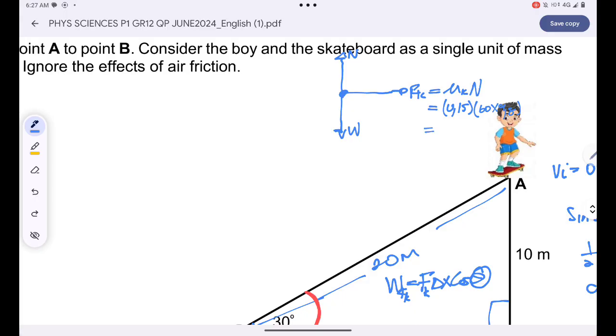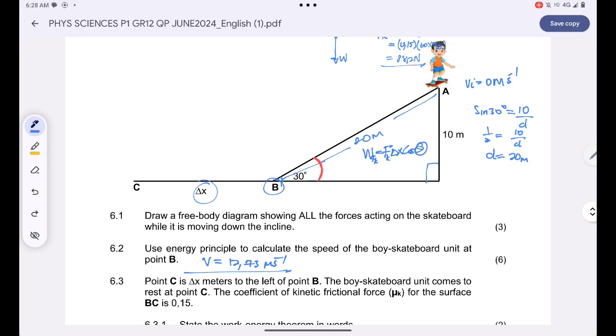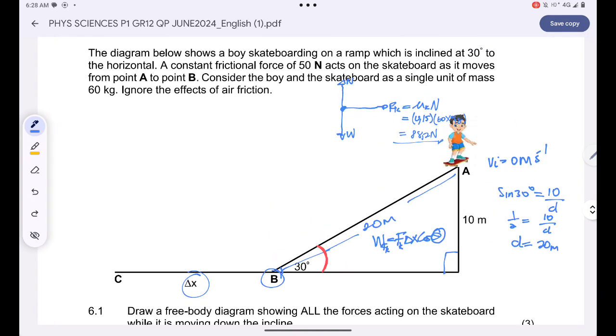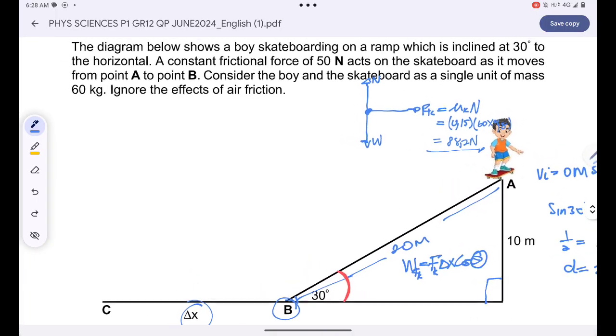So the magnitude of our kinetic friction is just 0.15 times 9.8 times 60. That's basically 88.2 newtons. Remember, we were told that the coefficient of kinetic friction is 0.15. So if I'm given the coefficient, guys, I must always go and find the magnitude of kinetic friction.